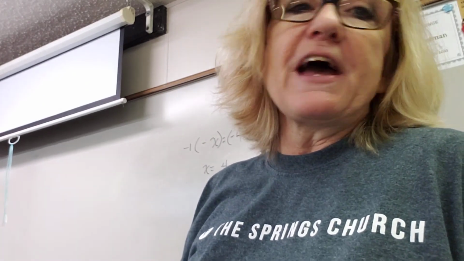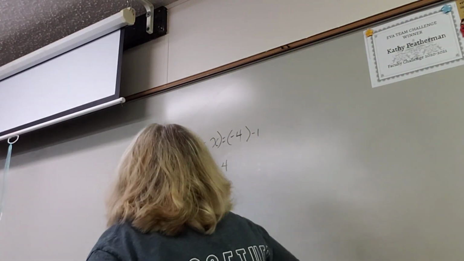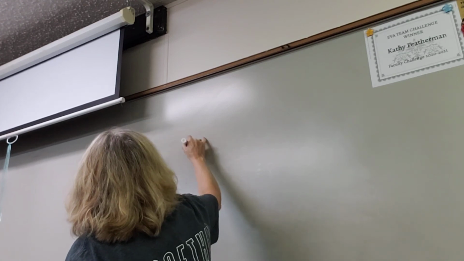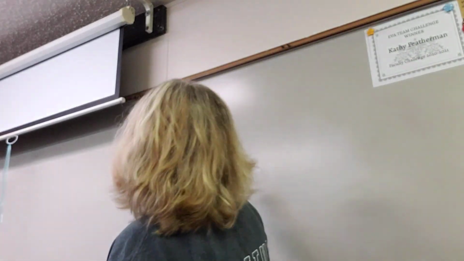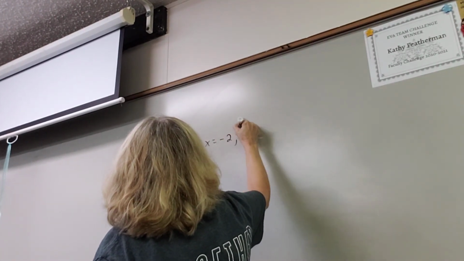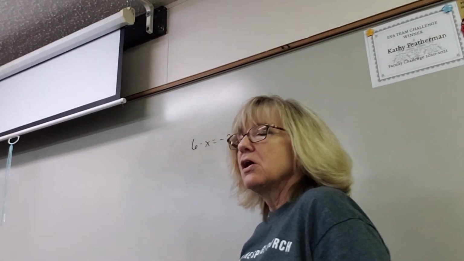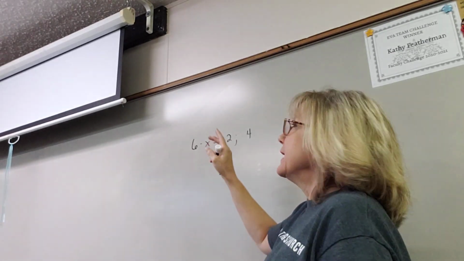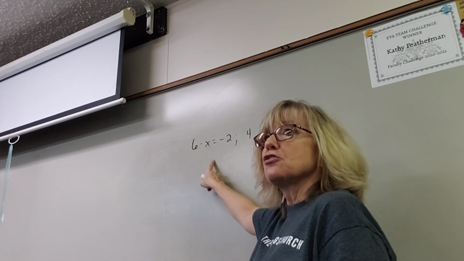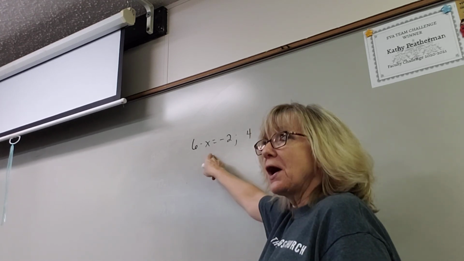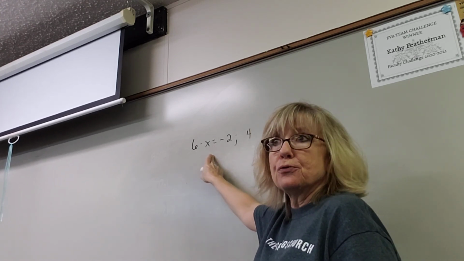They're going to ask you if a given number is a solution to an equation. So I'm going to give you an example of that. They give you this problem that says 6 minus x equals -2. And then it's written like this. What they want to know is, is 4 a solution to this? You're going to plug 4 into this equation and see if it makes it true.